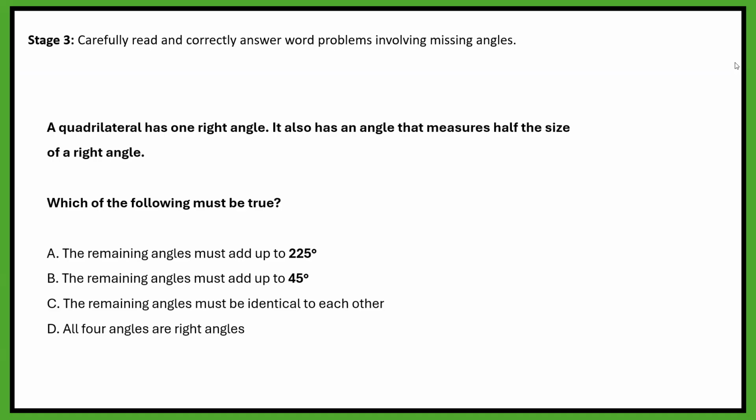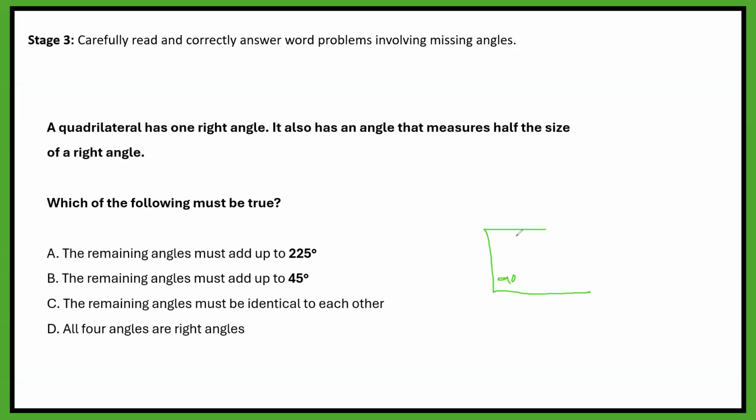Yeah. So how it's A because if you draw a right angle, a quadrilateral, and one side is a right angle, one angle is 90 and one angle is 45.